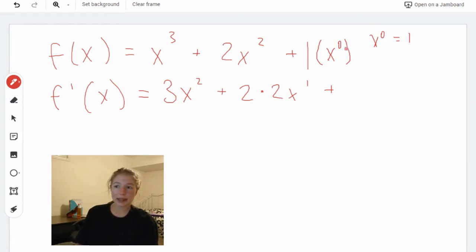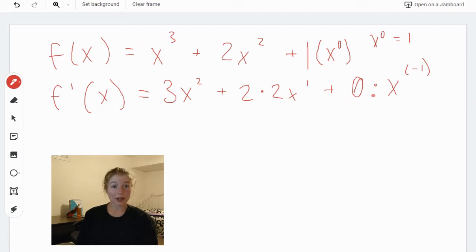So if we take that and multiply the exponent 0 by x, and then subtract the exponent by 1, we'll see that we'll get 0 times a term, and we know that's going to equal 0.